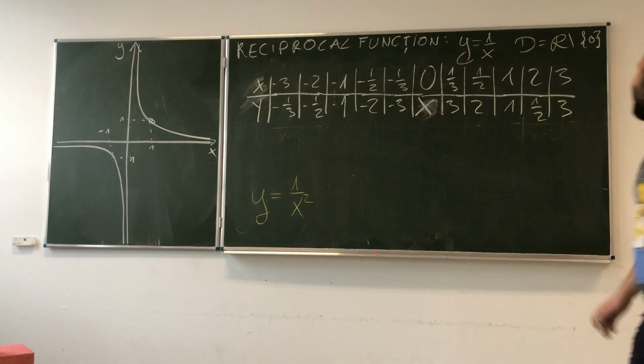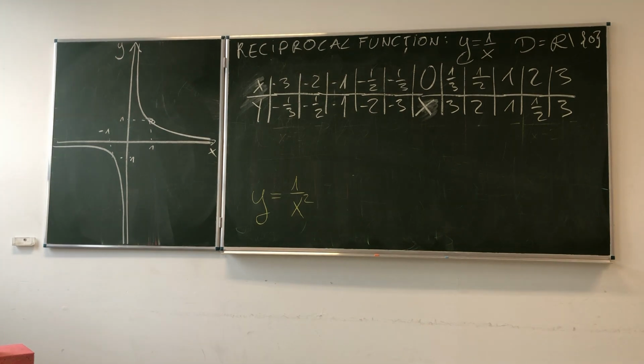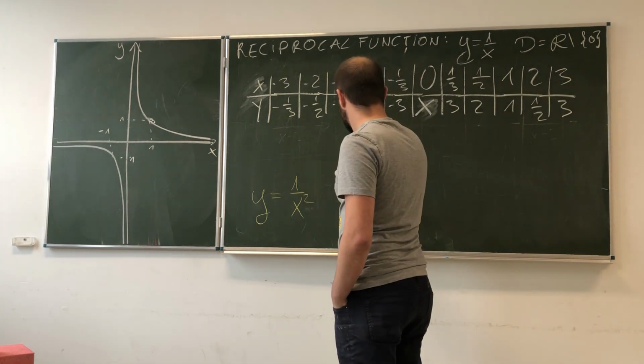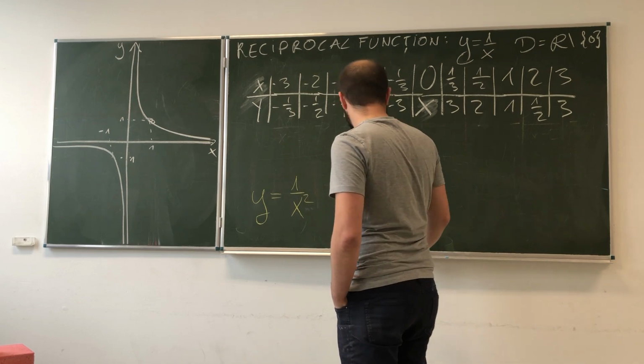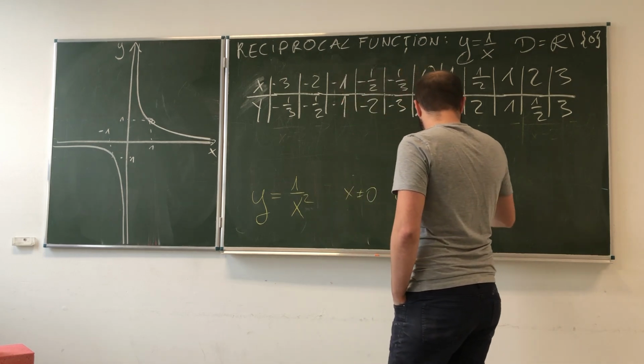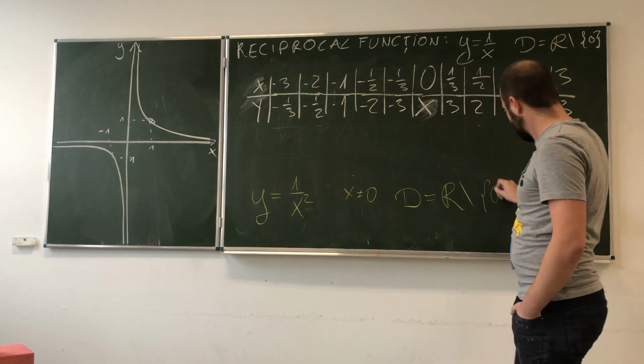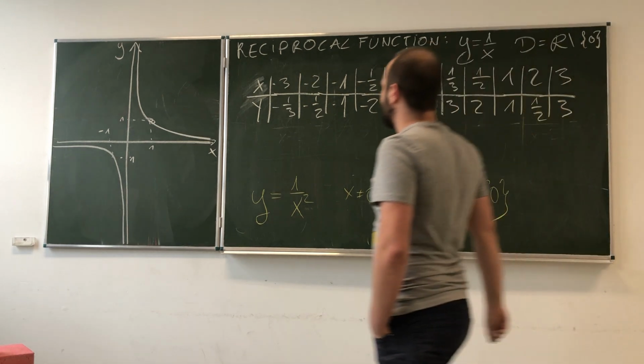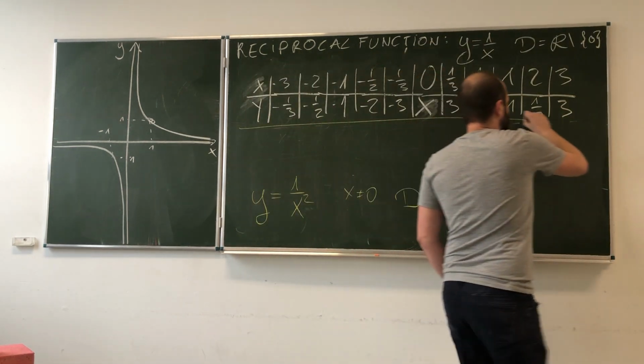Look, what about the domain? Well, domain remains the same, because the only value we cannot put instead of x is 0. So definitely x still cannot be 0, and our domain is still real numbers without 0. But let's see now what is going to happen to other values of this function.